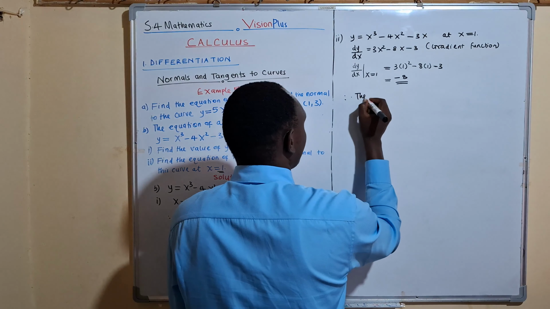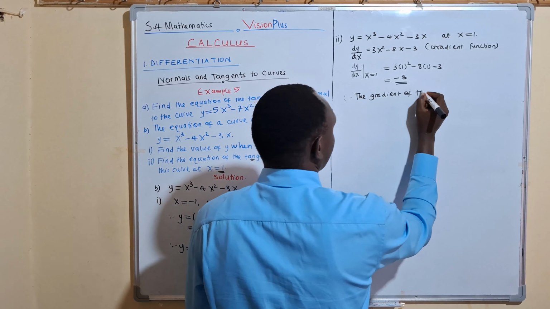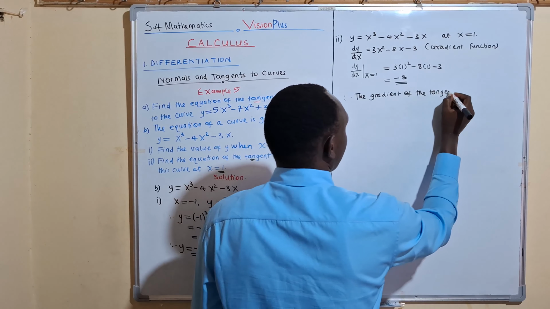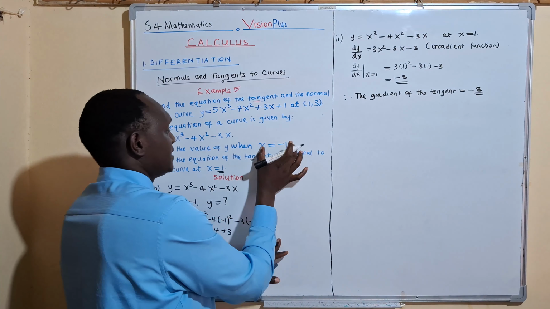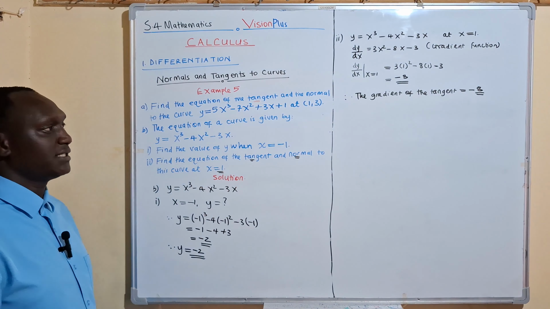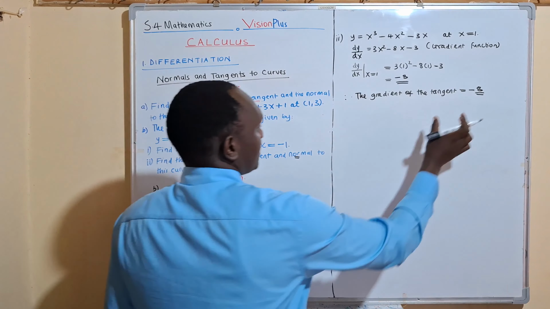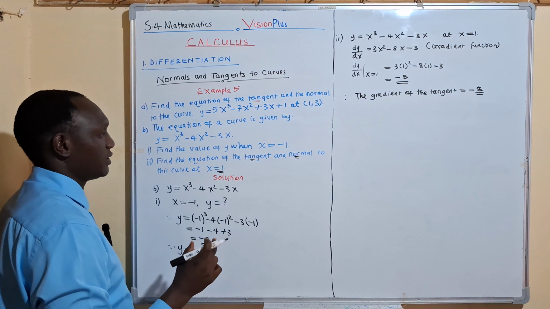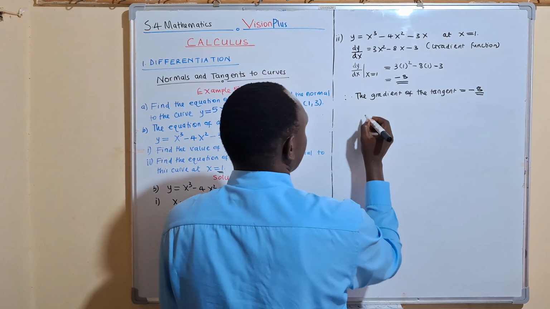Therefore, the gradient of the tangent is negative 8, because at the point of tangency, x equals 1, the gradient of the tangent is the same as that of the curve. Now, after getting the gradient of the tangent, and we know one point, that is the point of tangency, we can find the equation of the tangent.